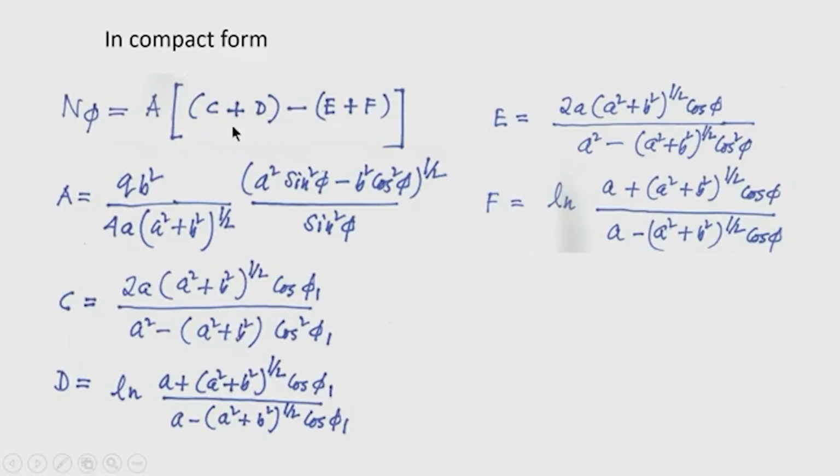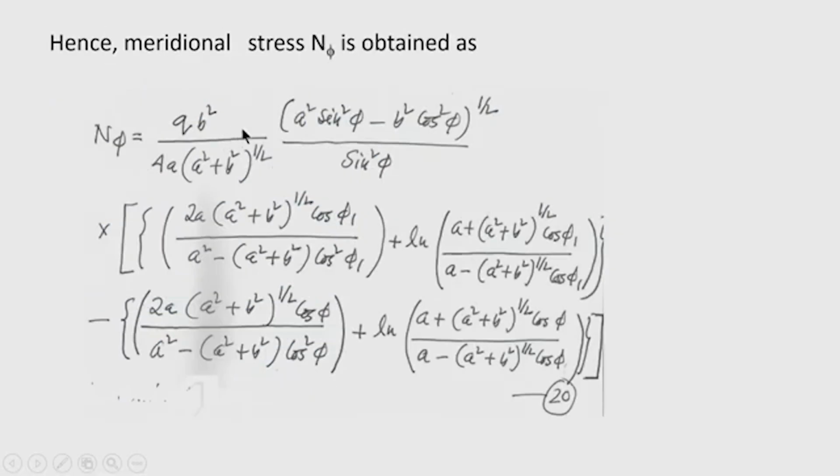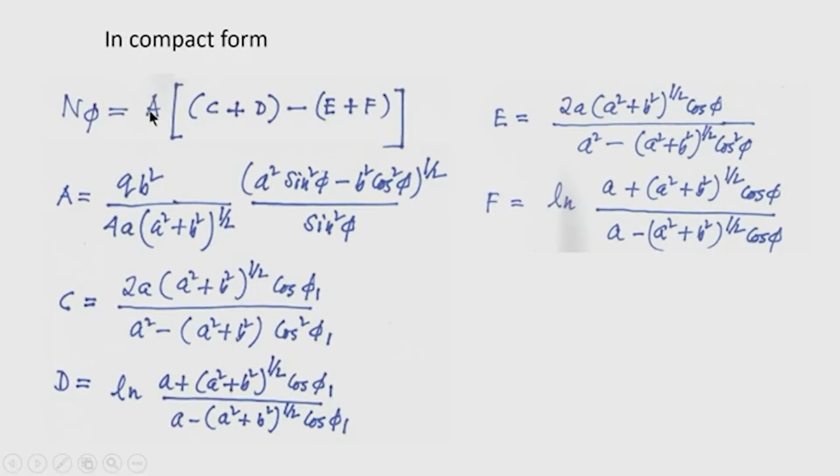In compact form, let us write it like that. We write in compact form n phi equal to A into C plus D minus E plus F. So, A is this quantity q b square divided by 4a into (a square plus b square) under the square root, into the square root of (a square sin square phi minus b square cos square phi) divided by sin square phi.